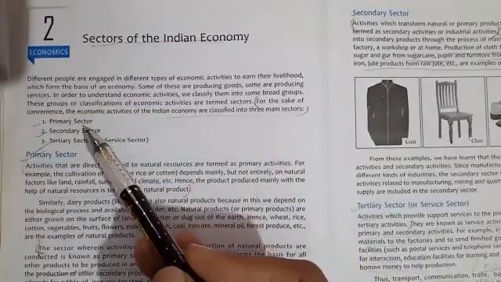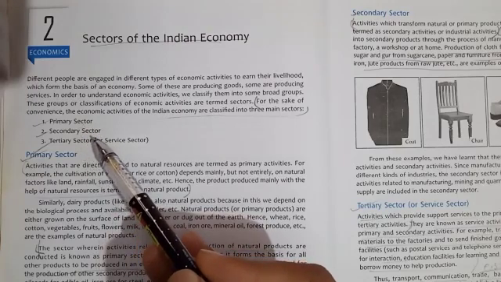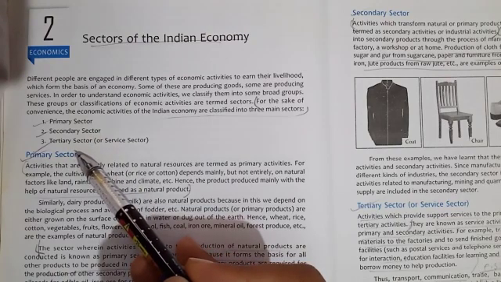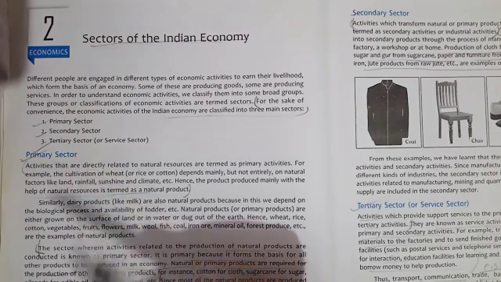Number one is the primary sector, or primary activity. Number two is the secondary activity. And number three is the tertiary activity or tertiary sector. So activity and sector are synonyms here.